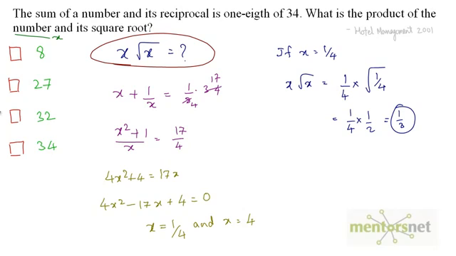So 1 by 8 is not in this list. Let us solve this for x equals 4. We get x root x is equal to 4 times root 4, which is 4 times 2, which is 8. So our answer is option 1.